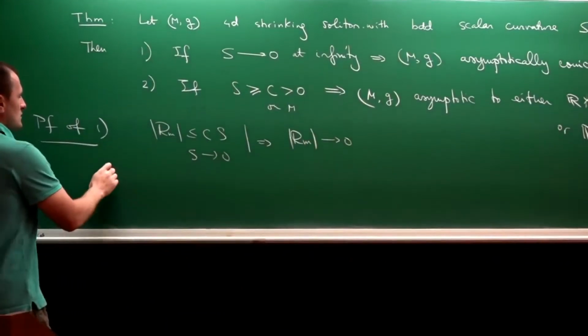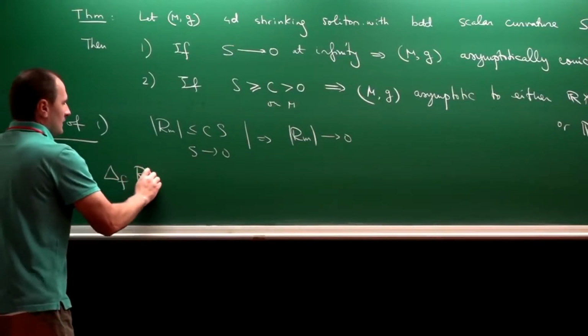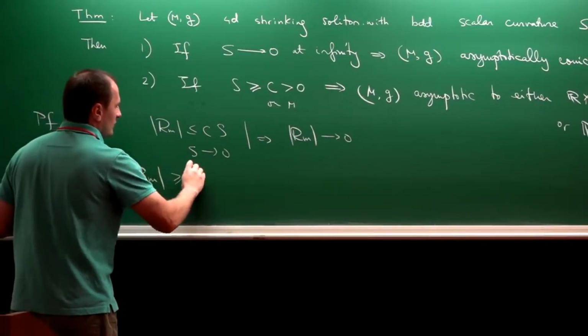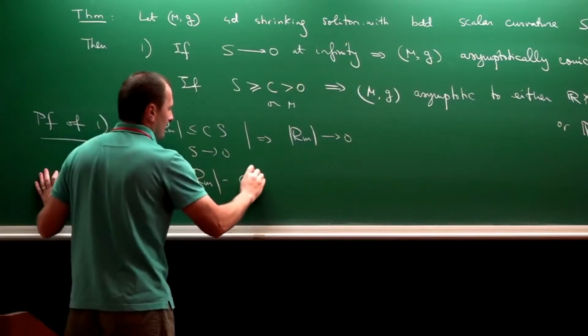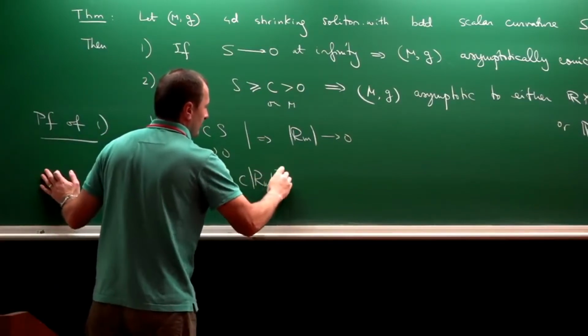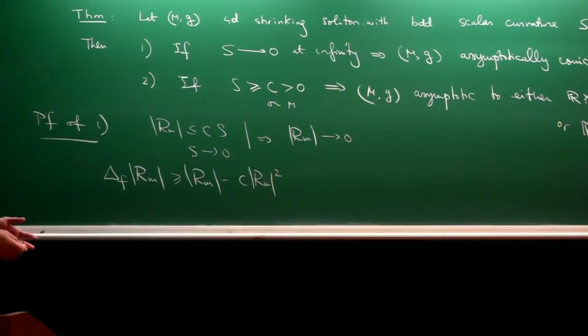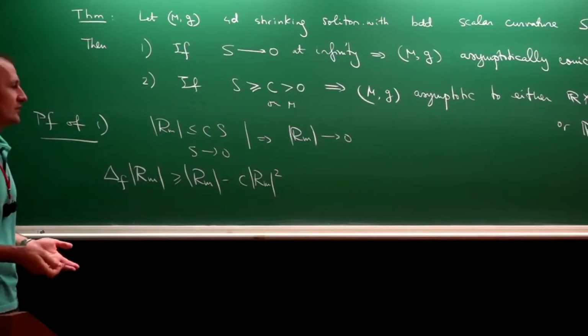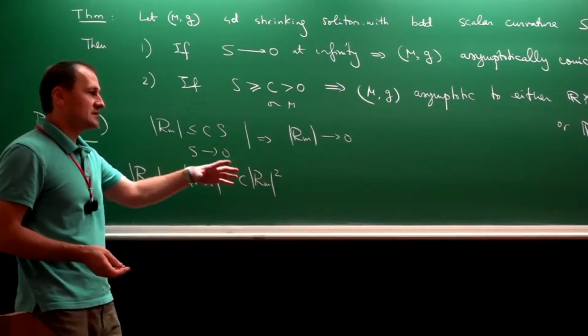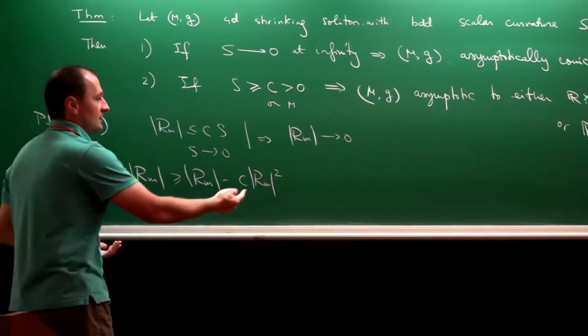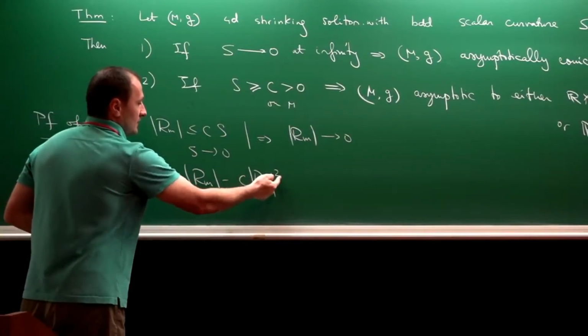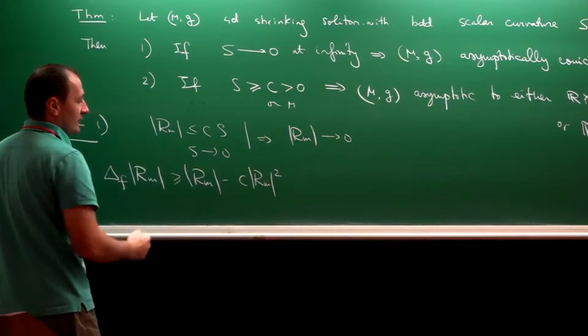Then on the other hand, we know that the curvature tensor has an equation like this. And for the purpose of today's talk, I will ignore this one. And it's not such a bad thing to ignore it, because it's the square, right? So it goes to 0 much faster than this.